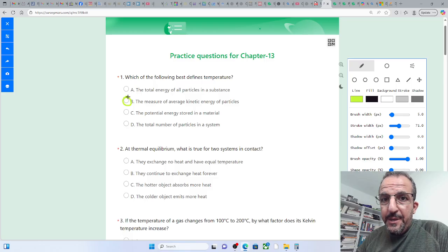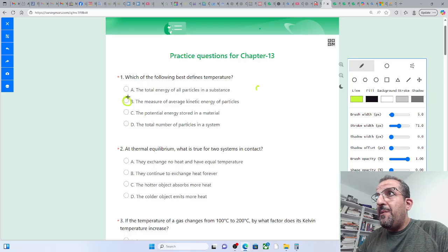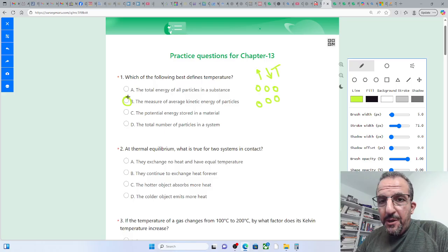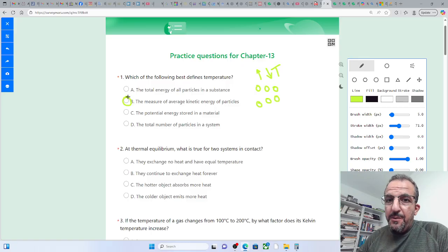So why is that? Because the material or the gas, for example, has small particles, as you can see right here. If we increase or decrease the temperature of the material, what will happen?